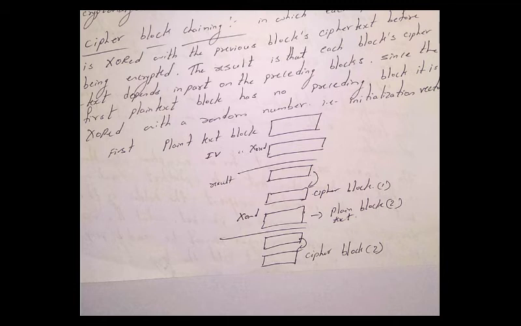Is it clear? So the bits in the plain text block are exclusive-ORed with the IV, the initial vector. Then you get the result here. Is it clear?